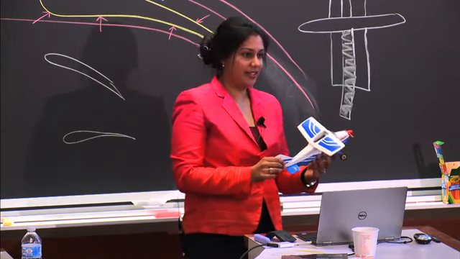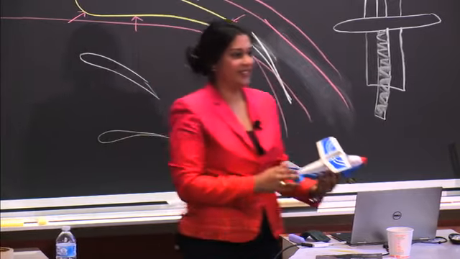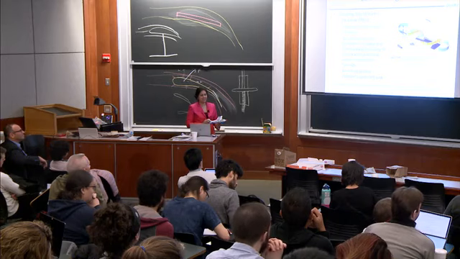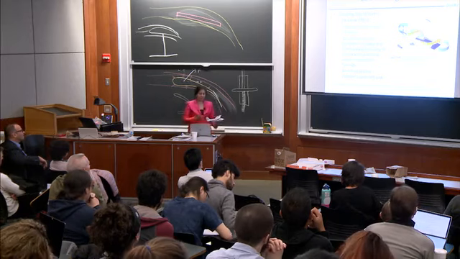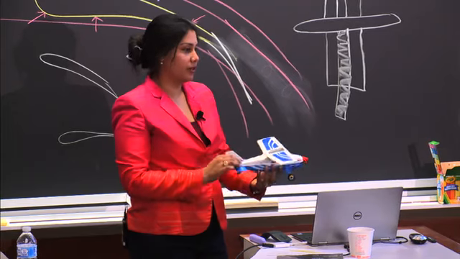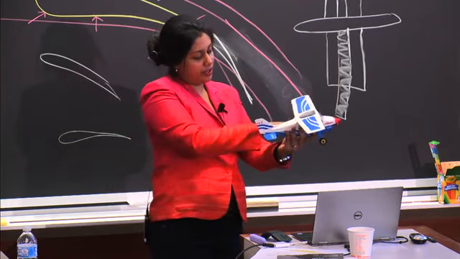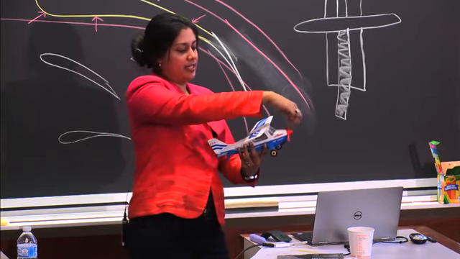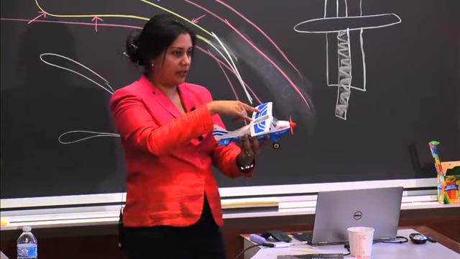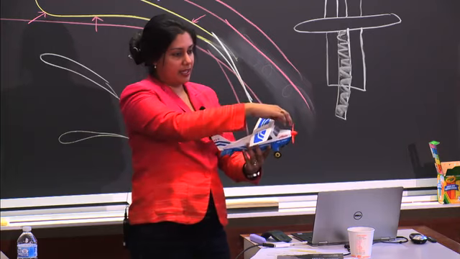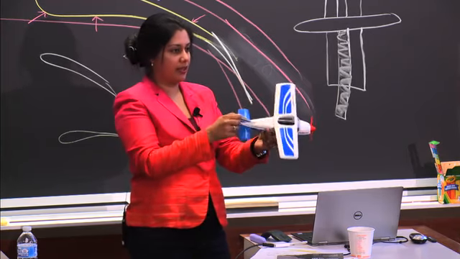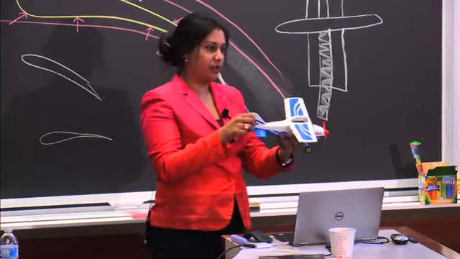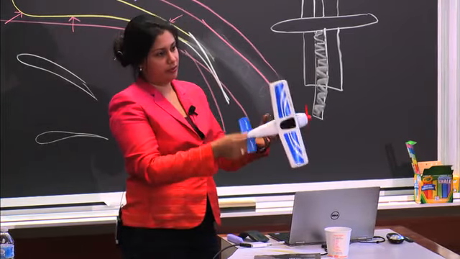Some good head nods. Yes? Why doesn't it also cause it to roll? Why doesn't it also cause it to roll was the question. And it could, especially if it's hitting the wing. But in general, and it can depend on whether you're in a high wing or low wing, the biggest thing that it hits is here. Now, in general, when you get a left yaw, you also roll.